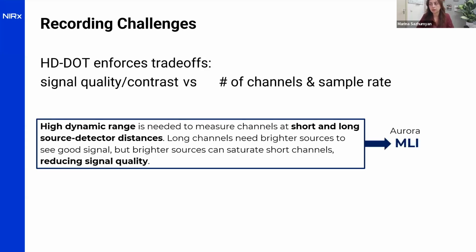And this is exactly what is possible by the multi-level illumination feature. It will allow us to adjust the illumination based on the channel distances. And the way this is achieved is that the source illumination is adjusted based on the channel distances and using separate time steps.